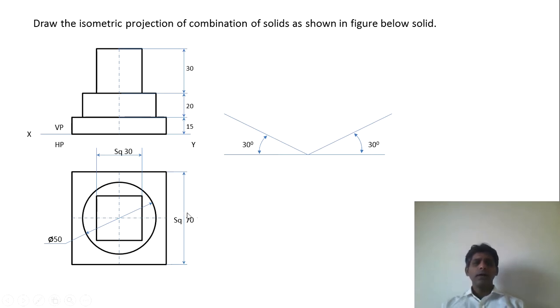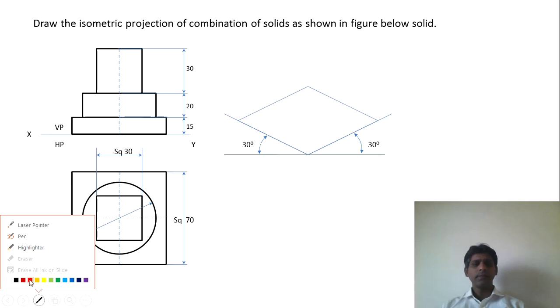Now here I see that it is a square of 70 mm. So the next step is to mark this particular square. That is, you have to take isometric 70. That is, you should multiply this 70 by 0.81649, and whatever is the length, that has to be marked here. So let me just mark it here.